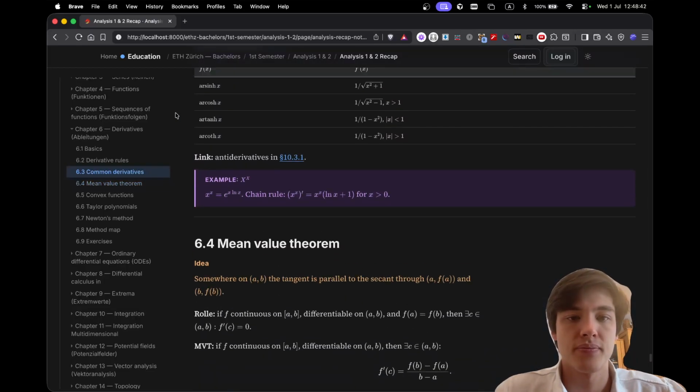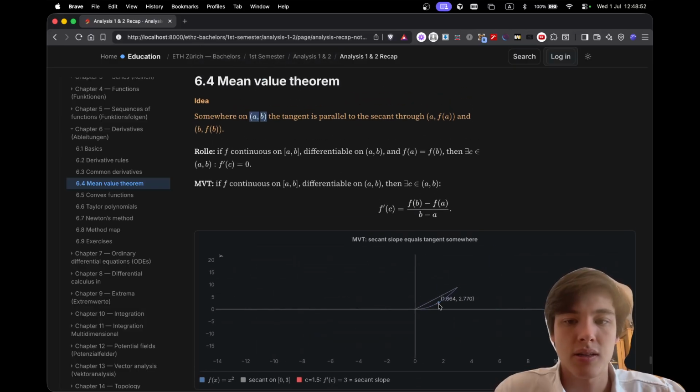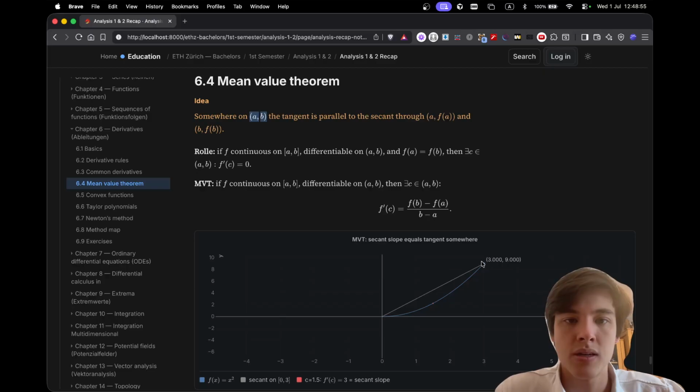Let's do this. Mean value theorem. So the idea is somewhere in AB, the tangent is parallel. If this is A, this is B, the tangent is parallel to the secant through A, f of A, and B, f of B. So there is at least somewhere where, if it goes up first and then goes down, it needs to be dropping faster than this.